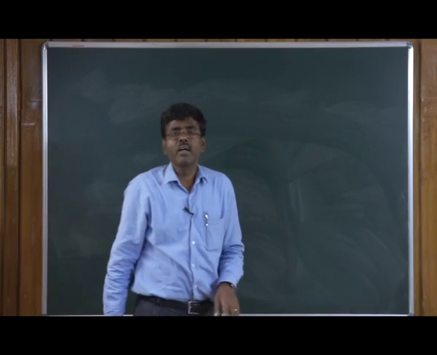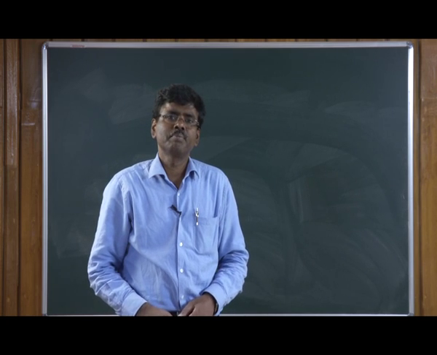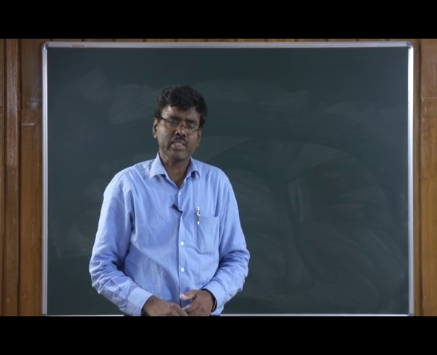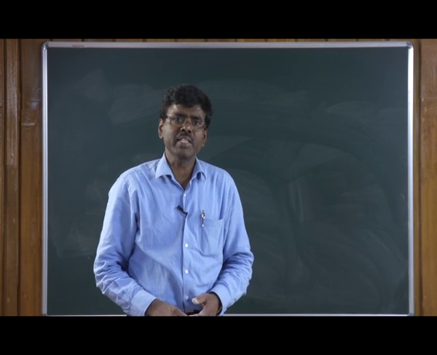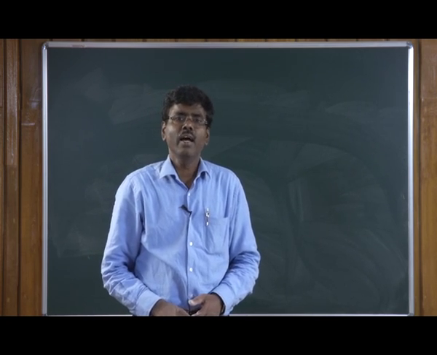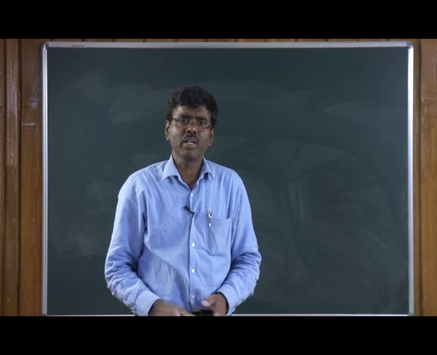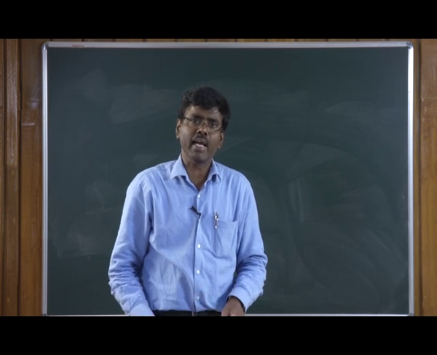Okay, in summary, today in this class we have seen the structure, nomenclature, preparation and physical properties of carboxylic acids, and with this we will conclude this lecture. In part 2, we will study the chemical reactions of carboxylic acids. Thank you.